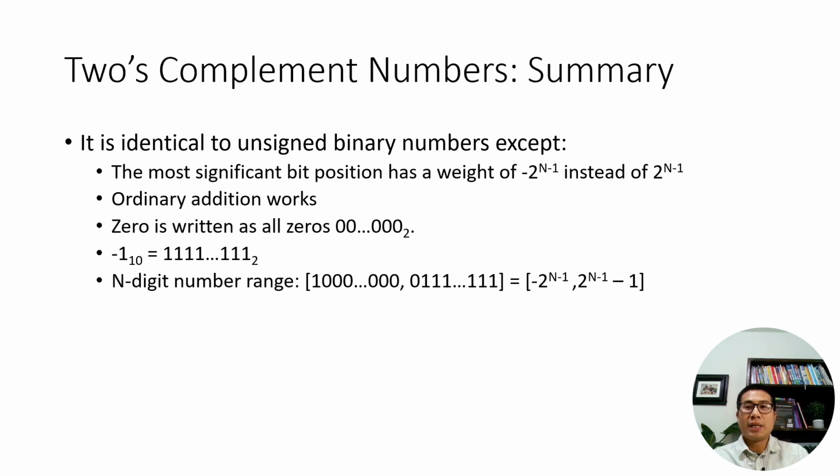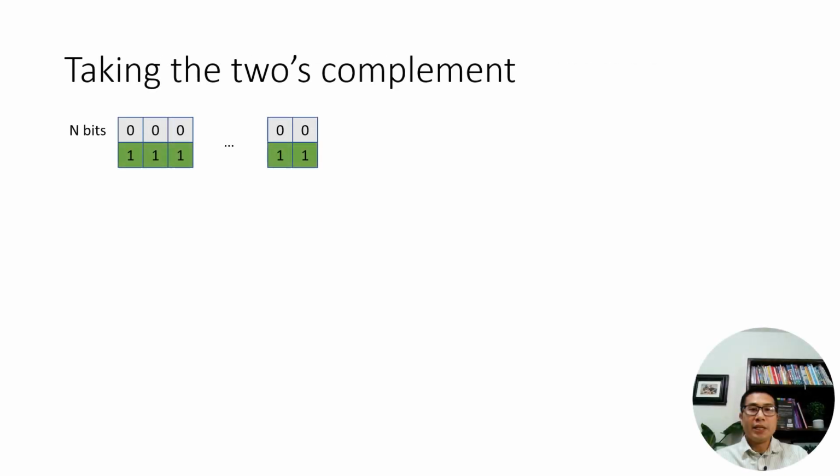Now, next is picking the two's complement. So why do we care about picking the two's complement? The number 5 that we saw earlier is relatively easy to produce, but -5 is kind of difficult to get, or -1 is difficult to get.